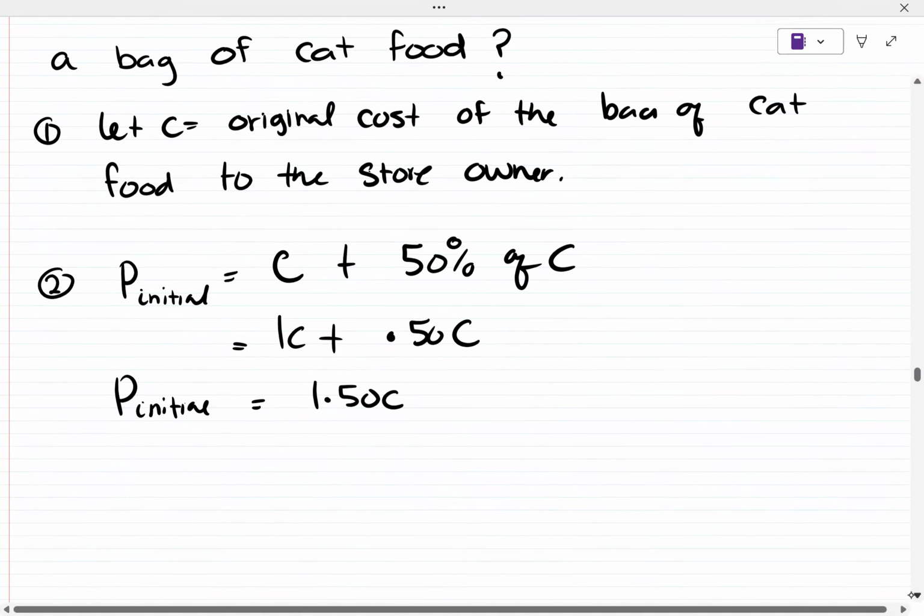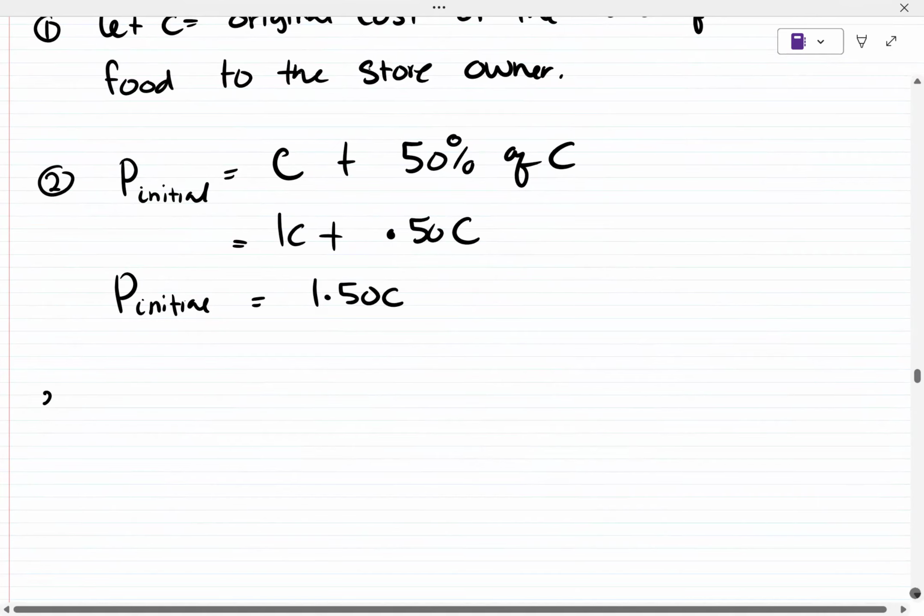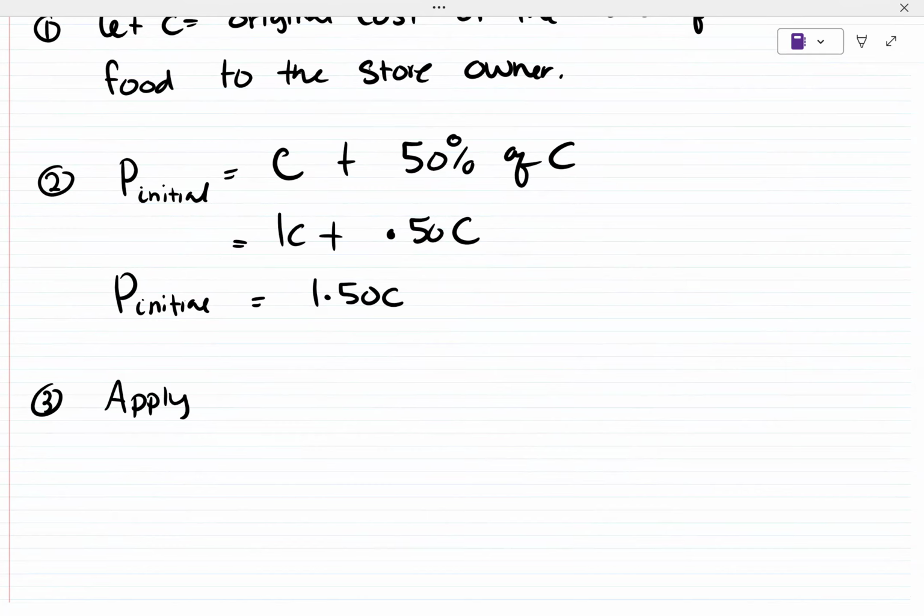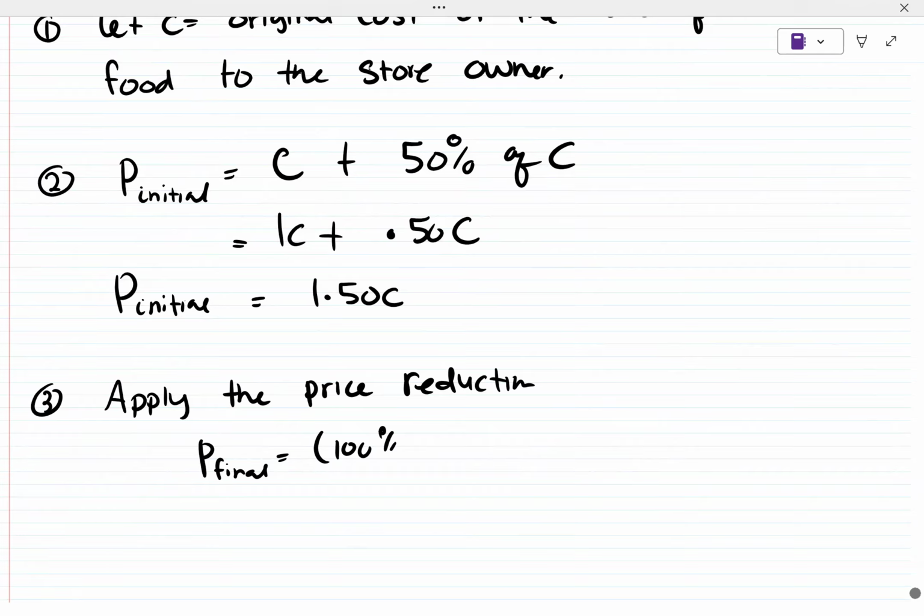And then you're going to apply the price reduction. So the price of the final is basically 100% minus 20%, because it was reduced by 20%, times the price of the initial.